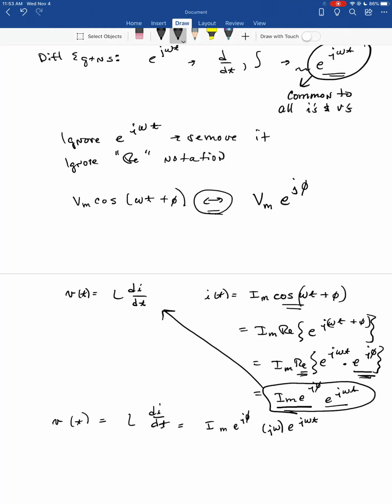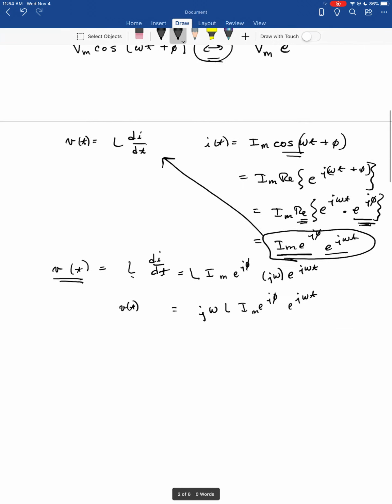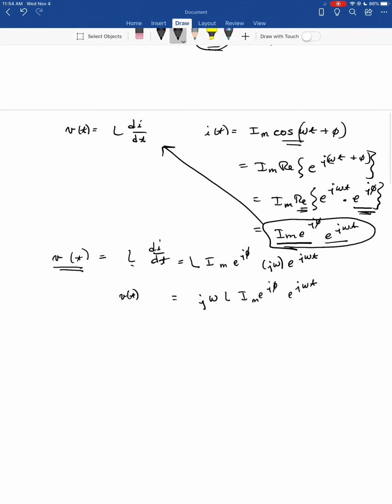It's not affecting how I take the derivative, so I just took the derivative inside. We're still in the time domain here. So let's simplify this. This is j omega L Im e to the j phi e to the j omega t, and that's v of t.